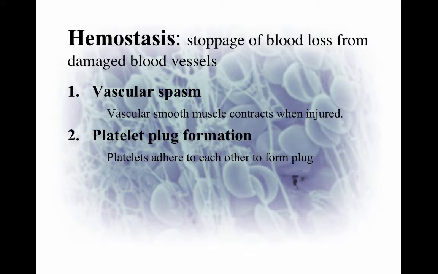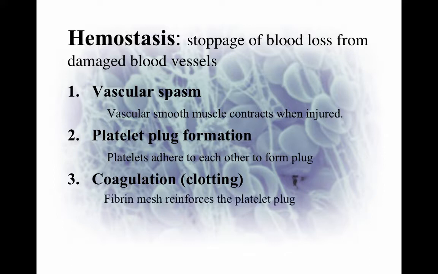And then platelet plug formation, platelets will adhere to each other to form the plug. And then we see coagulation or clotting. So we saw that platelet plug formation and coagulation in the previous video. During clotting, we see a fibrin mesh that reinforces the platelet plug. So fibrin is a specialized protein for platelet plug reinforcement.